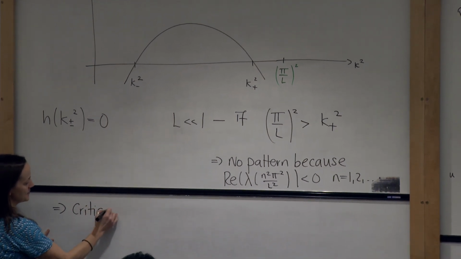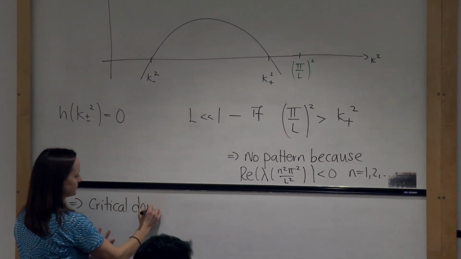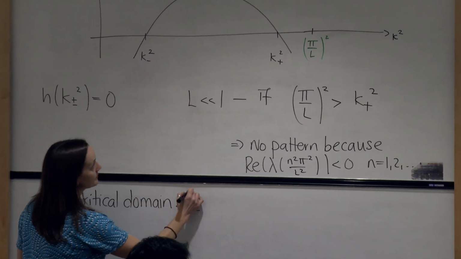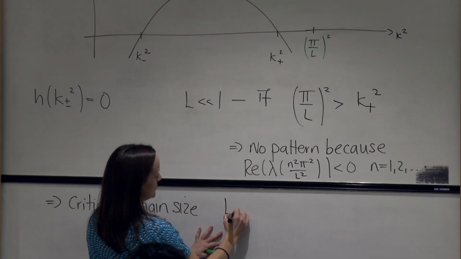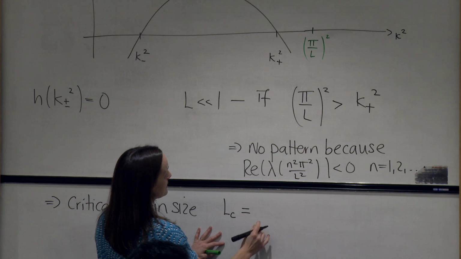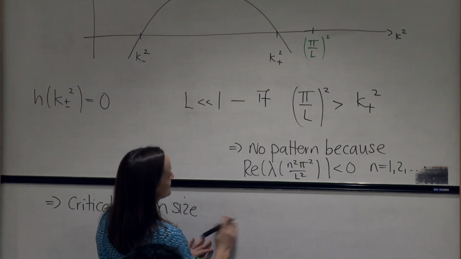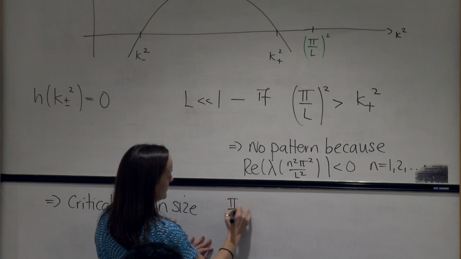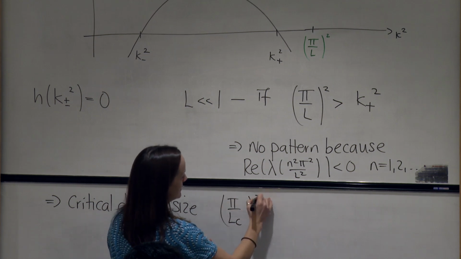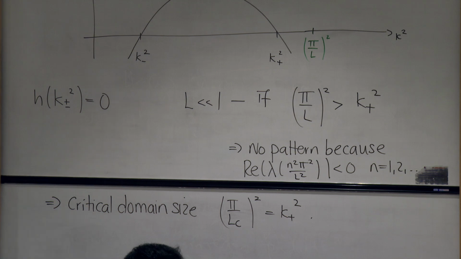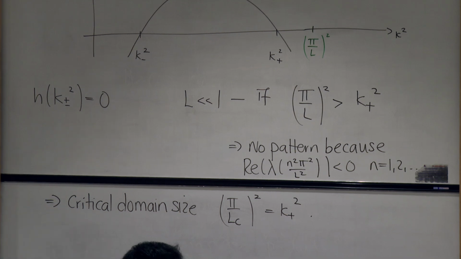So we have a critical domain size. L critical is equal to, well, let's just write it this way: pi on L critical squared is equal to k plus squared.